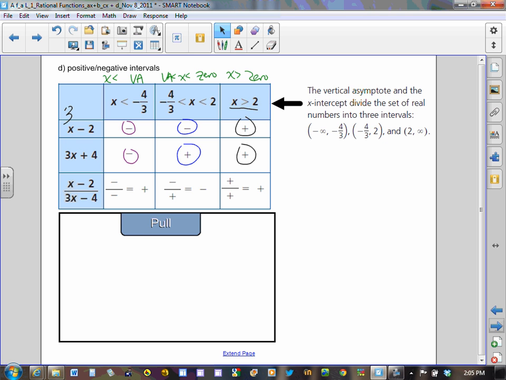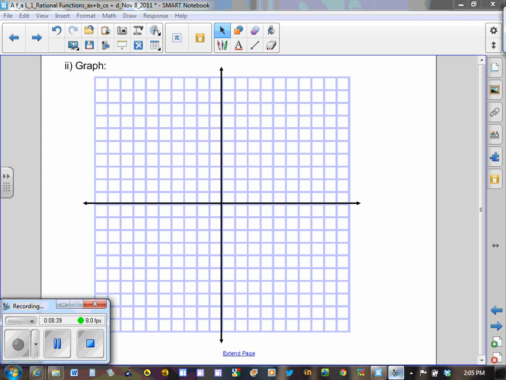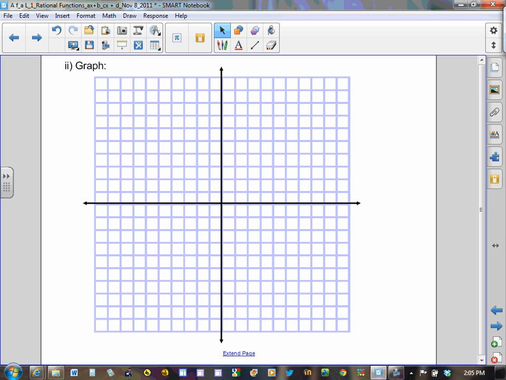So last but not least is for you to take all of those critical values and plot them along with the asymptotes. Consider the signs where the function's positive and negative and complete the graph.